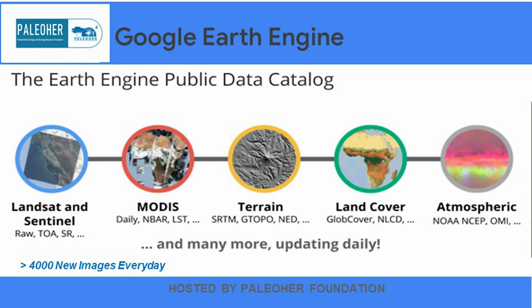Then we have MODIS data sets, terrain, land cover, atmospheric, and a lot more publicly available data sets, and they are updated on a daily basis, which means the process works in real time. There is a satellite API which is directly linked with Google Earth Engine. Every second, whenever a new image is generated, it is directly uploaded to the Google Earth Engine cloud. Approximately more than 4,000 new satellite images are added.